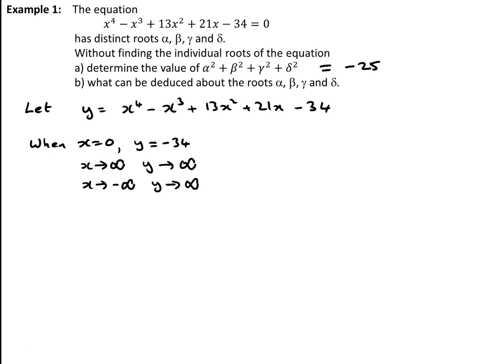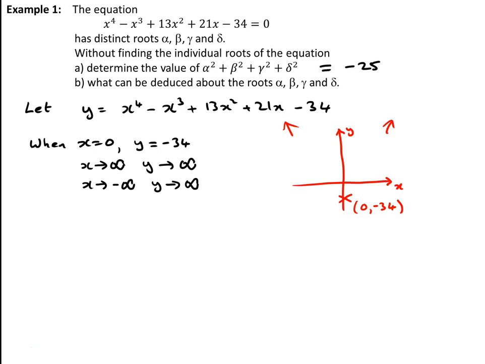We also know that since we've got a leading power of x to the 4, as x tends to plus infinity, y will tend to infinity, but as x tends to minus infinity, y will also tend to plus infinity. So, we can start a sketch of the graph for y like this.